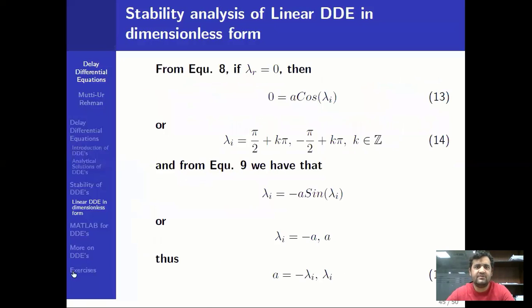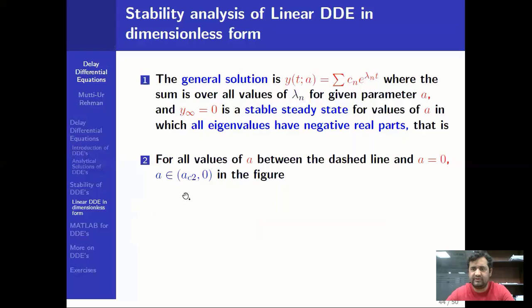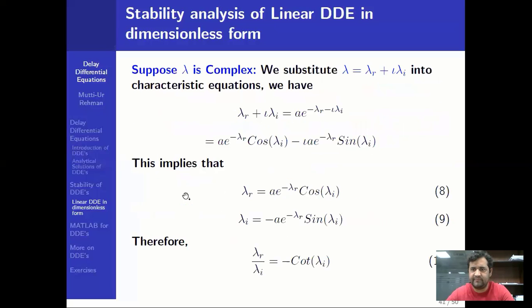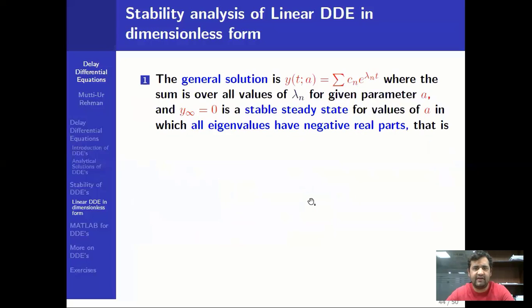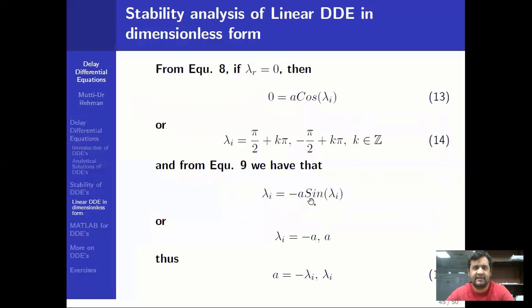If I go back to equation 8, which speaks about the real part of your complex eigenvalue, then you will see that if I choose this to be 0, I will get the following expression for lambda I. So your k is basically an integer.